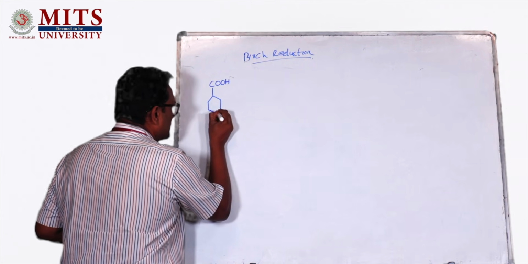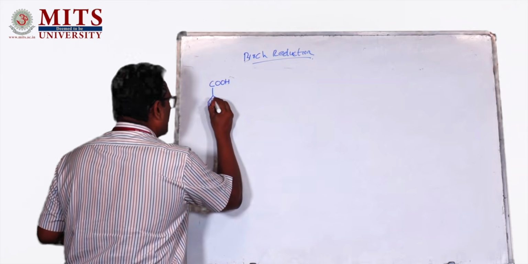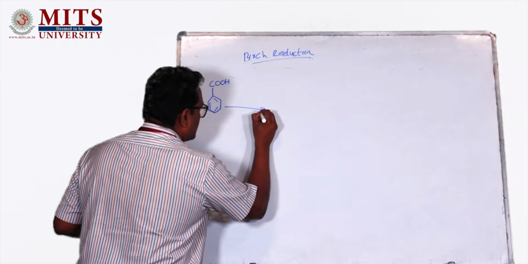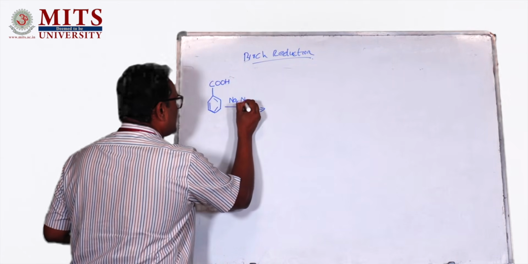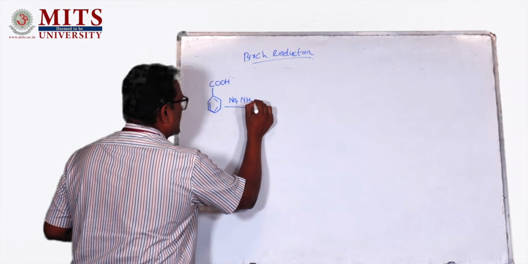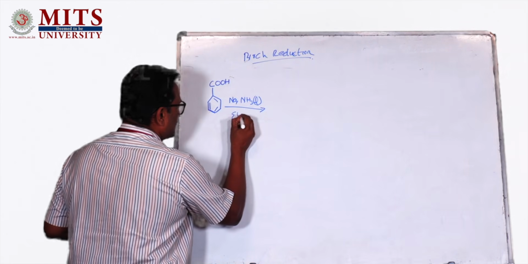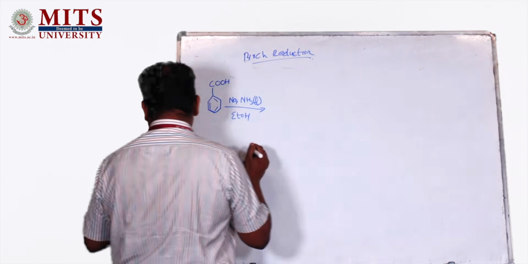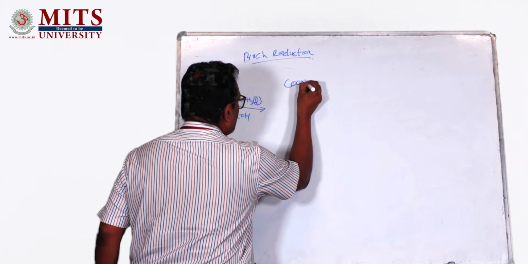As we know, COOH is an electron withdrawing substituent. Sodium or lithium in liquid ammonia. So what would we get? COONa.